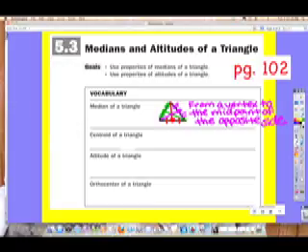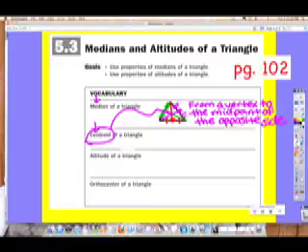Okay. Median and centroid go together. This is the only trick I have to help you remember. I think median, the second letter is an E, centroid, the second letter is an E. These go together. So the centroid is where they all meet, right there, the point of concurrency. So centroid, you've got to draw your medians first, and then where they all meet, that's your centroid.